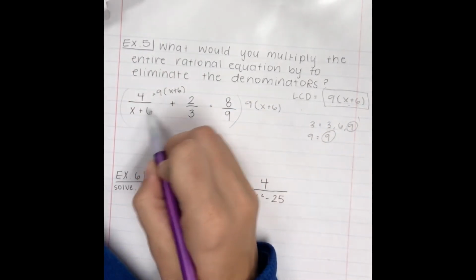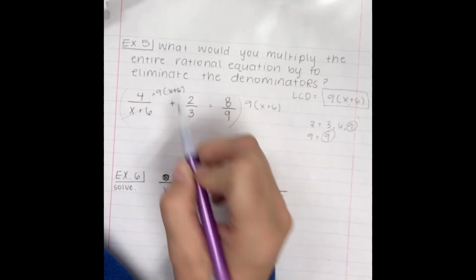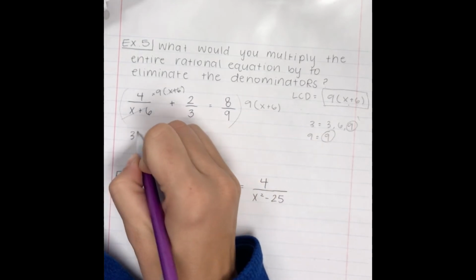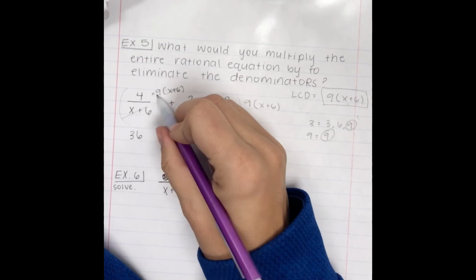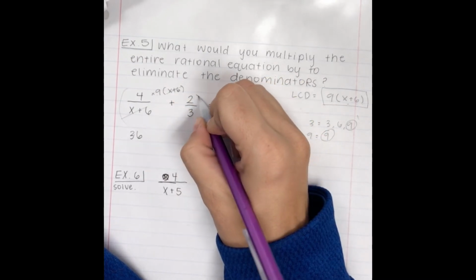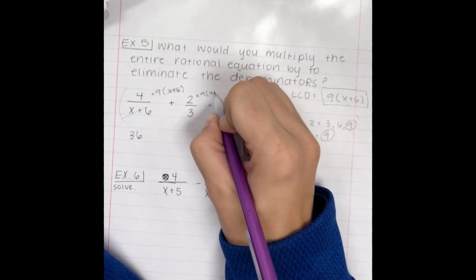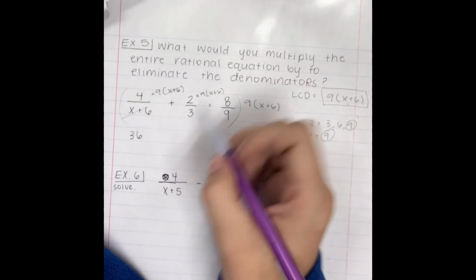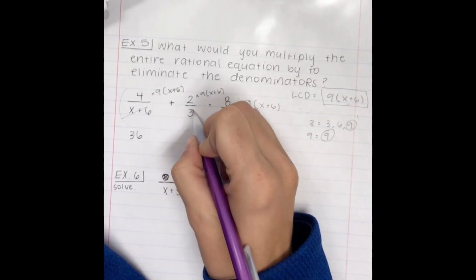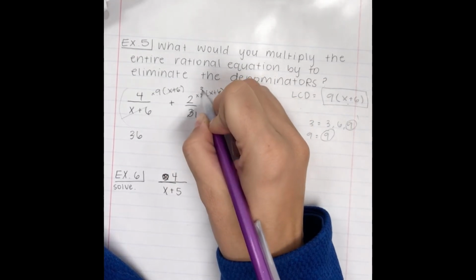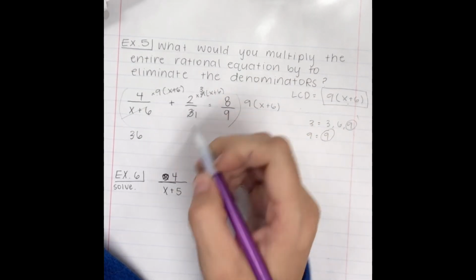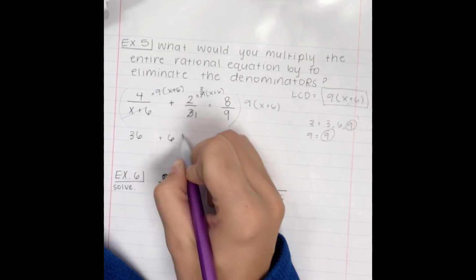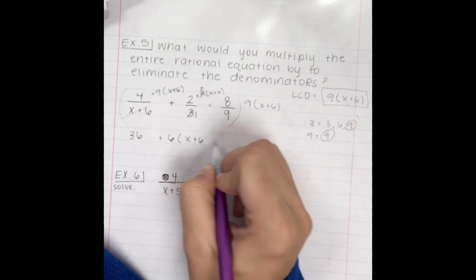And what happens when I do that here is my x plus 6 would cancel with my x plus 6, leaving this to be 36, because 4 times 9 is 36. Then I'm multiplying this one by 9 times x plus 6. Okay, well, the 3 would simplify with the 9. So you would have 2 times 3, which is 6, times your x plus 6.